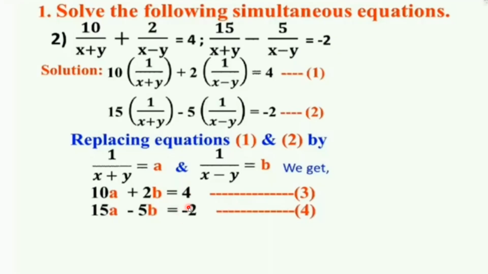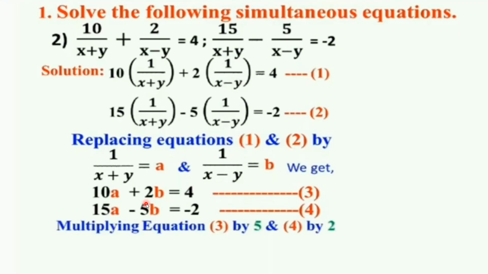Here I have got new equations, and earlier equations are not in the linear form, but these two equations are in the linear equation form, isn't it? Now I can use the elimination method. Remember, the coefficients of the variables are not the same. So what I must do? I must make these two coefficients the same, isn't it? So I can easily change the coefficients for b.